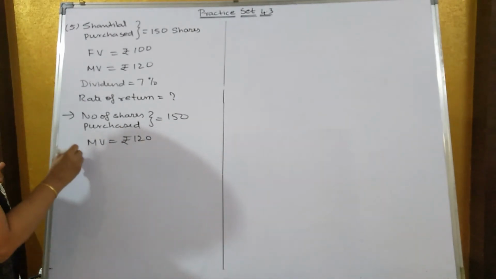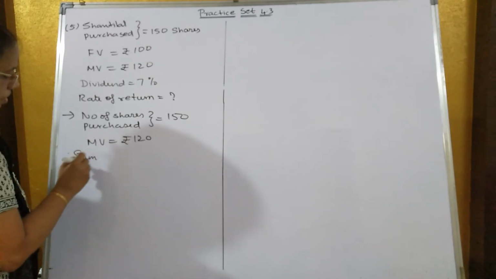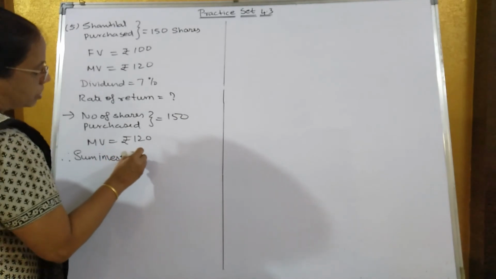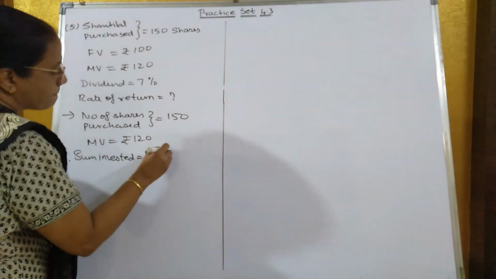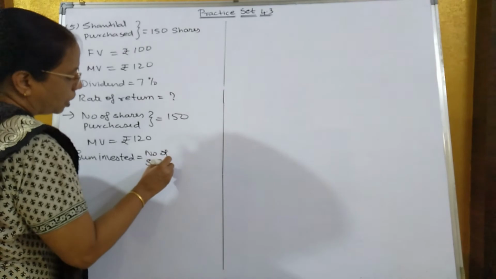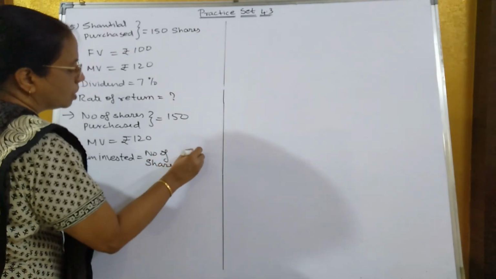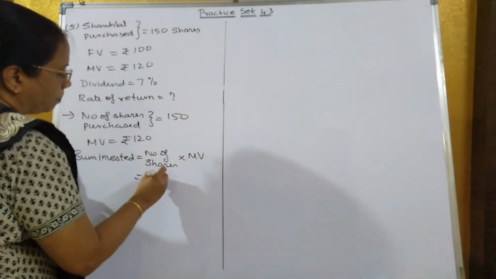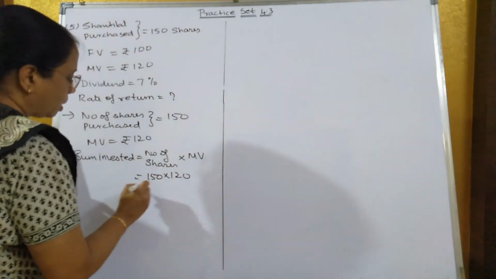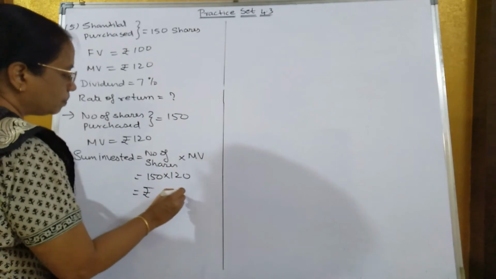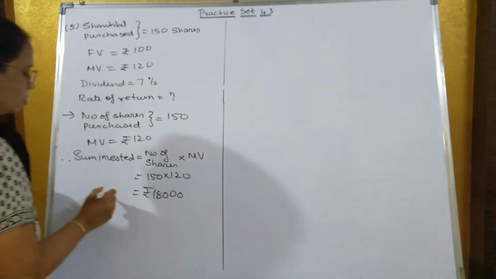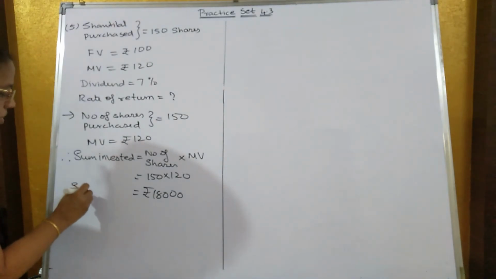Therefore, sum invested is equal to number of shares into market value, that is 150 into 120, which is equal to rupees 18,000. So sum invested is 18,000.